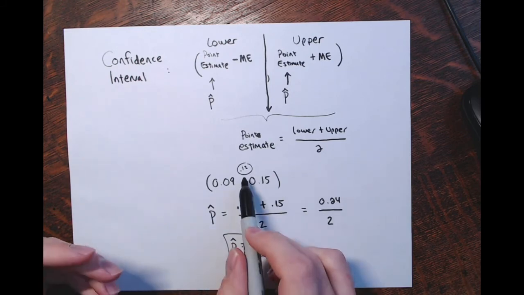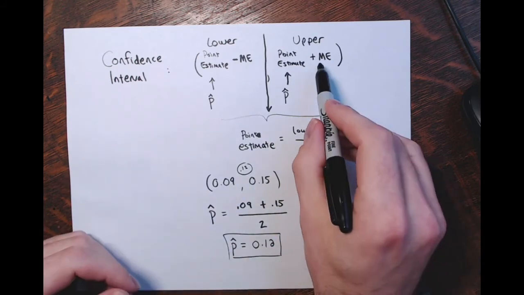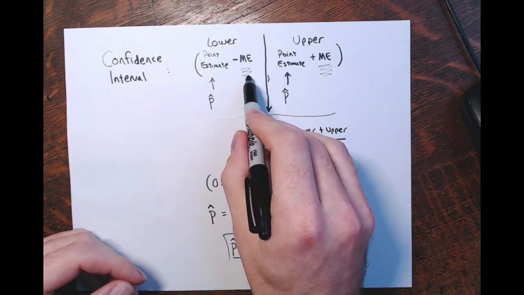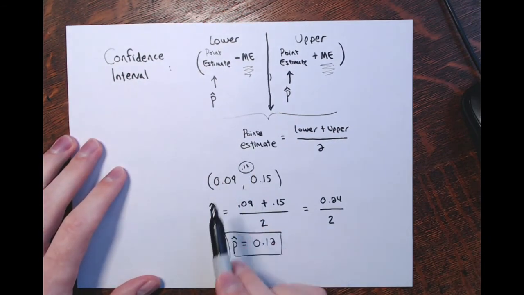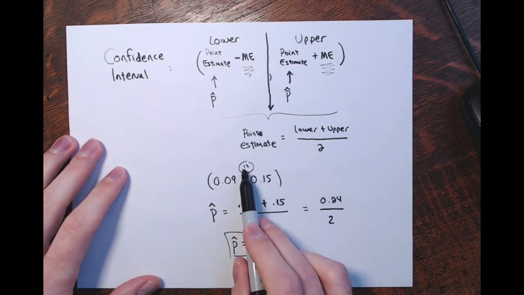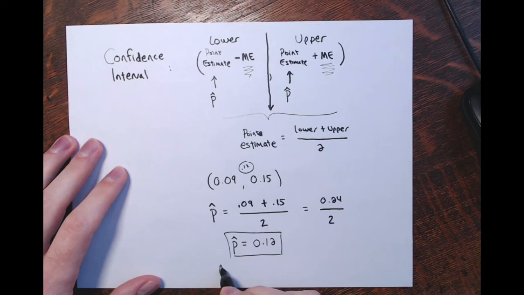And again, you could use this number to also state what the margin of error would be. What's the distance between the middle and the top, and the middle and the bottom? It's 0.03: 0.12 plus 0.03, 0.12 minus 0.03. So you could also say that the margin of error was 0.03, or 3%.